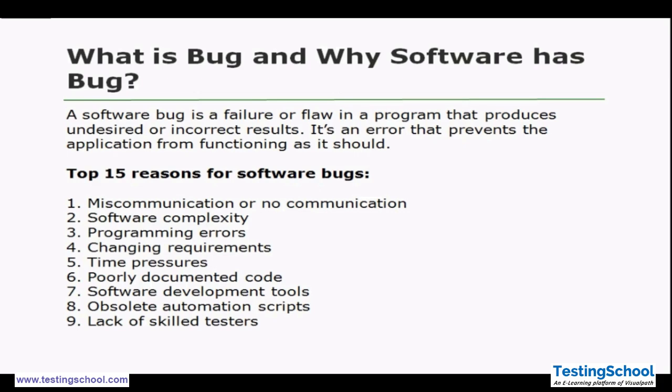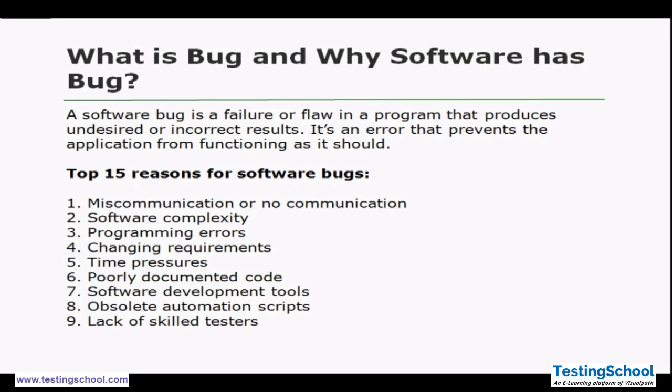There are 15 top reasons for software bugs that I have taken here: we don't have proper communication, software complexity, programming errors, changed requirements while working on a particular requirement in the module, and time pressure.